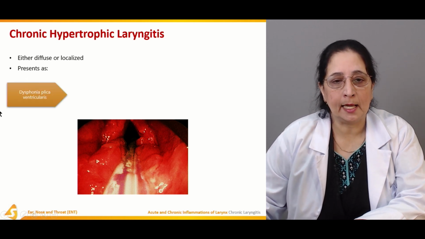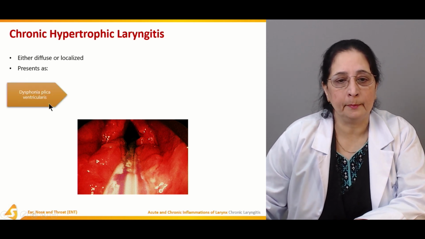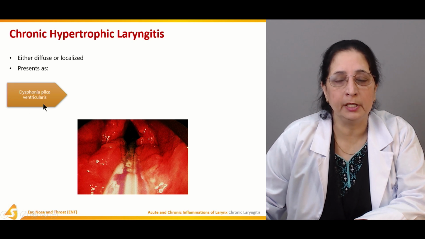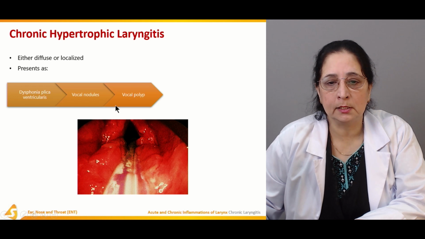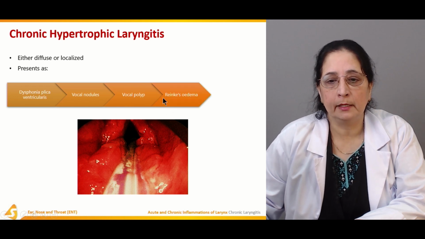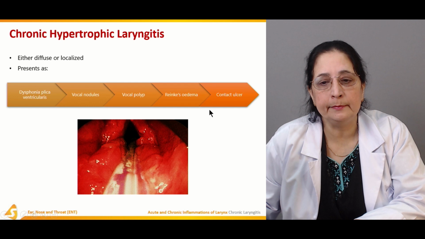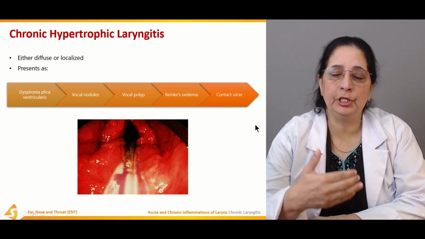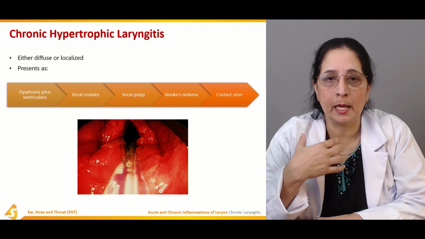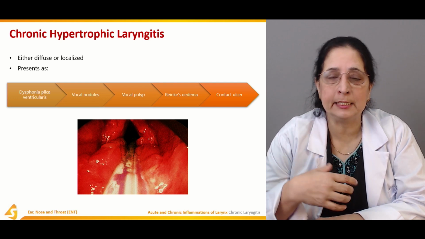It presents as dysphonia plica ventricularis, vocal nodules, vocal polyps, Reinke's edema, and contact ulcer. So all these changes are present in hypertrophic laryngitis.